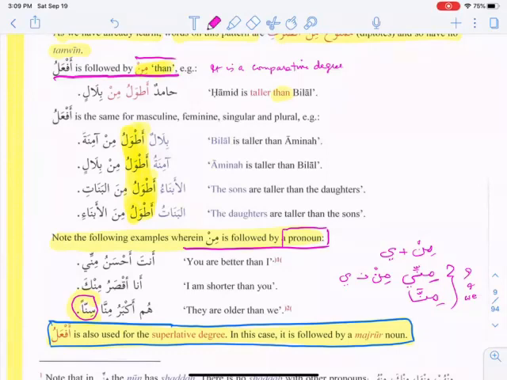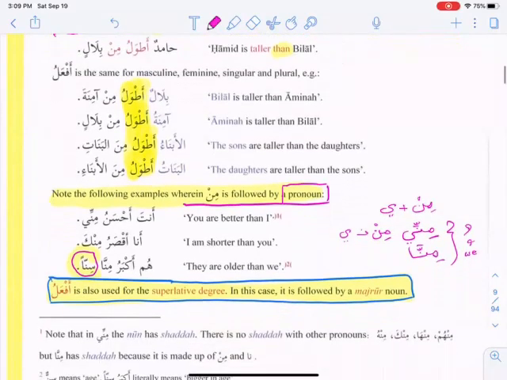In what way? I have to clarify. So when you say sinnan, it says, okay, sinnan is age. I am older than you in age only. I'm not smarter than you. I'm just older than you. So that is tamyiz. It clarifies.